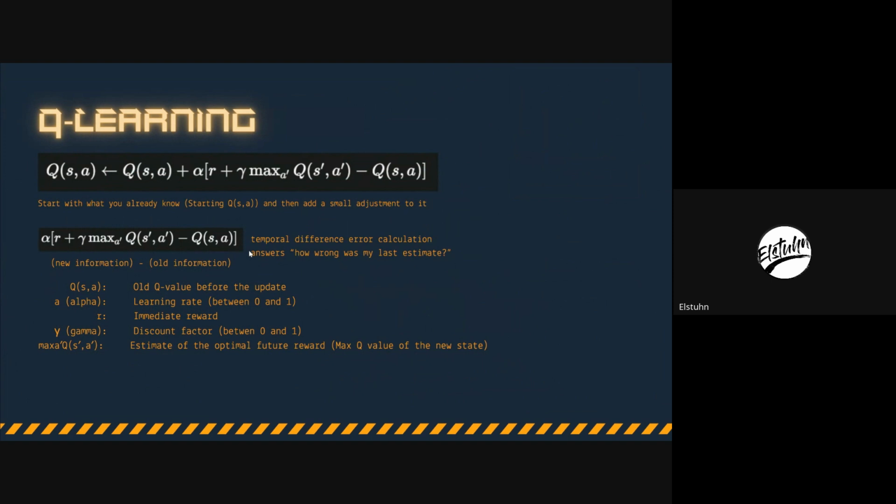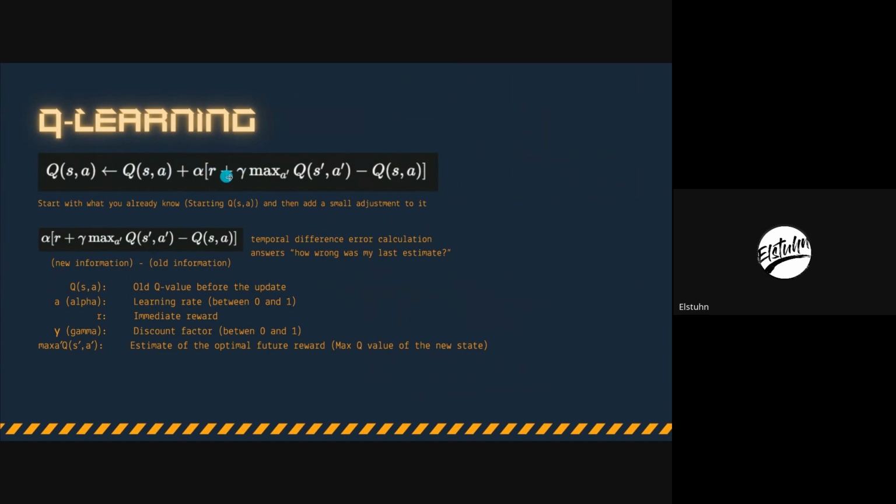Let's break this equation down into smaller bits. This part is the temporal difference error propagation. It answers: how wrong was my last estimate? And the other values represent the Q value before the update.